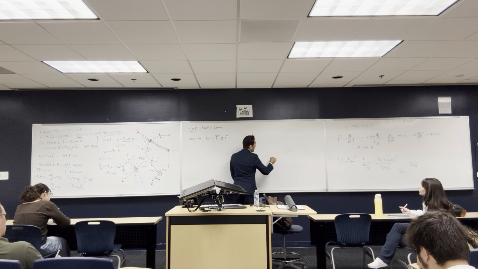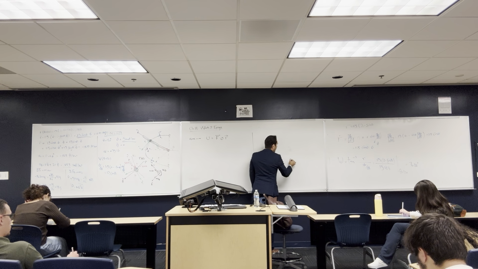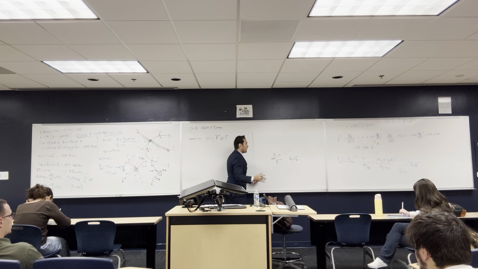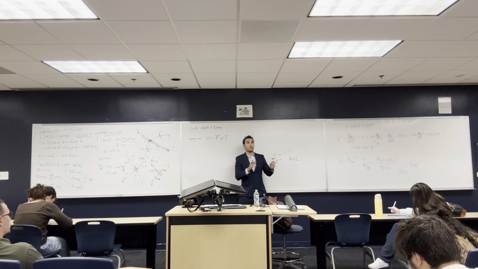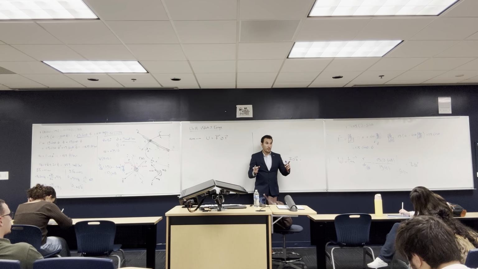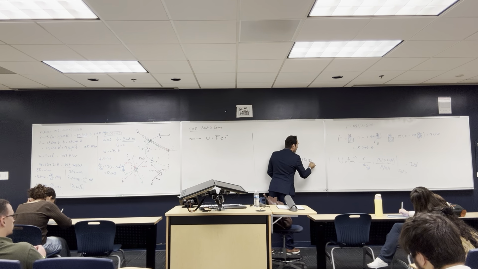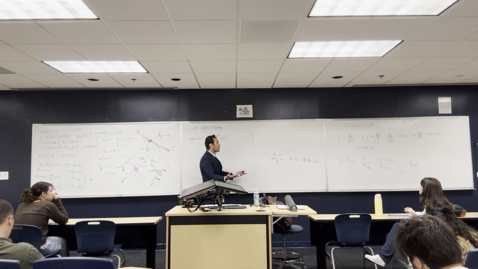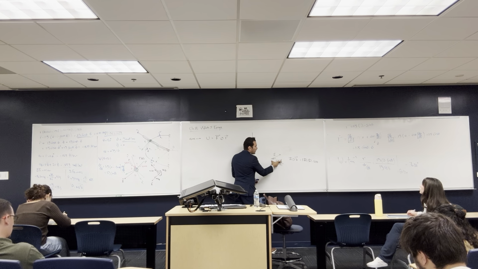If you have an A vector and a B vector, and there's an angle theta between them, A dot B, both are vectors. Is the quantity that comes from the dot product a scalar or a vector? Scalar. And this is equal to the magnitude of A multiplied by the magnitude of B multiplied by the cosine of the angle theta between them.